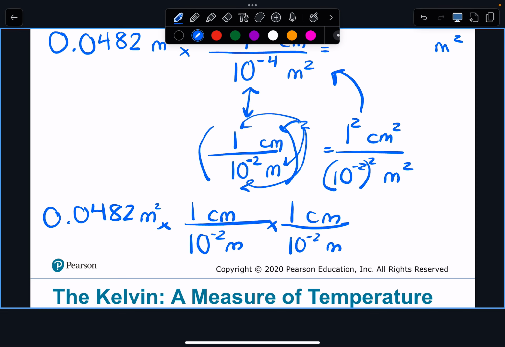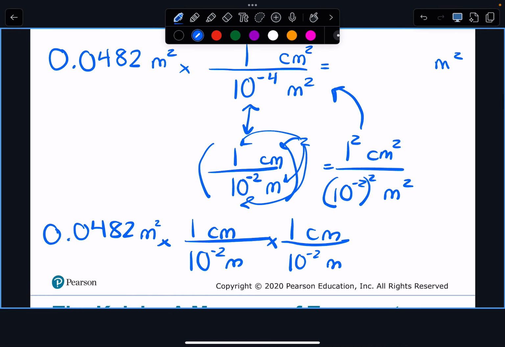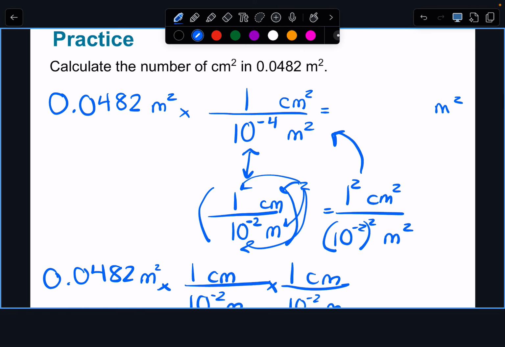That's fine. It'll still give you the right answer, but I think it's a little bit more confusing because you don't already have the centimeter squared unit right in front of your face. You have to square the units themselves. So I prefer to put the meters squared on bottom because that's what you're trying to get rid of.